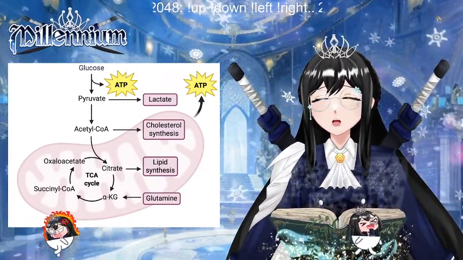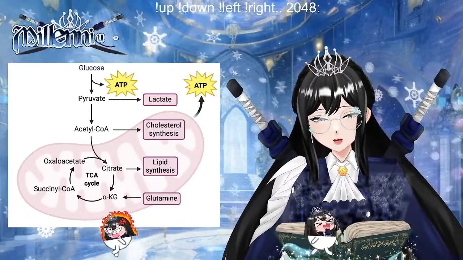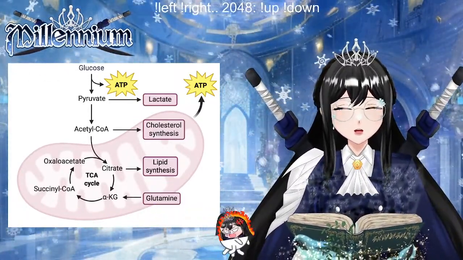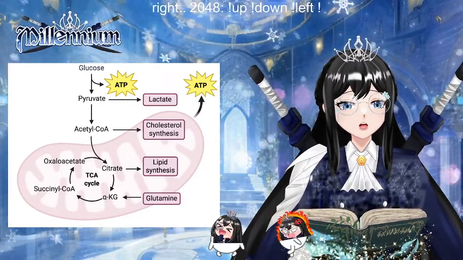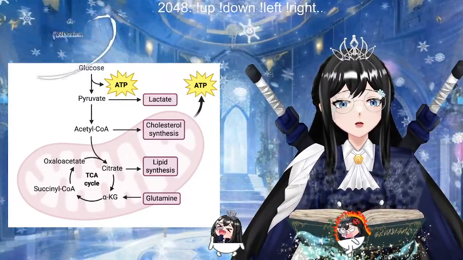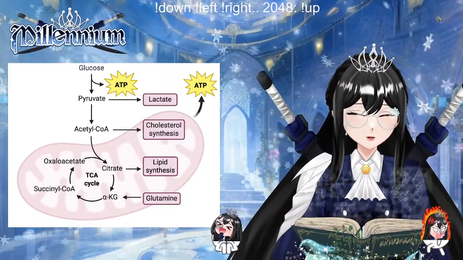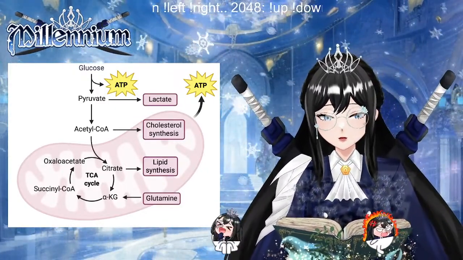Thioesters is negative 9 kcal per mole, and then PEP, phosphoenol pyruvate, has a standard free energy change of negative 11 kcal per mole.